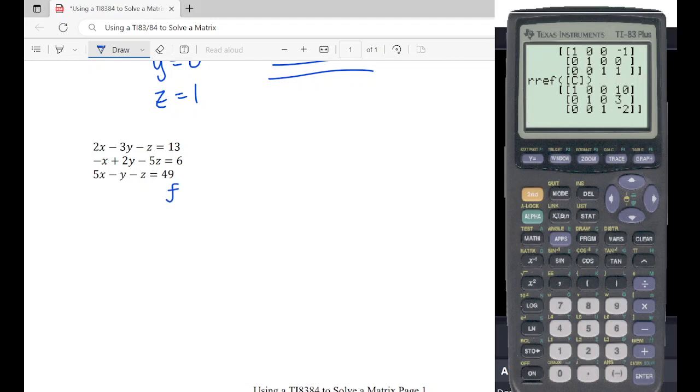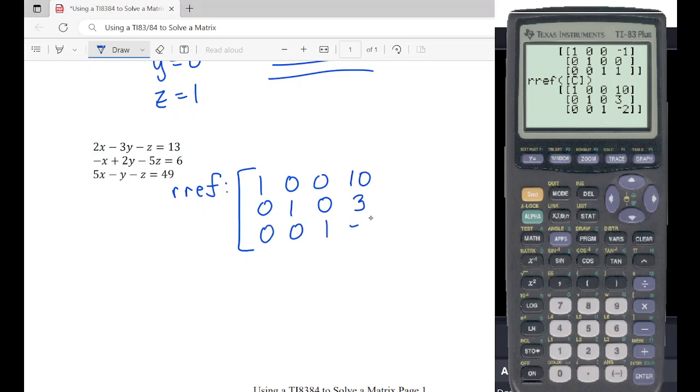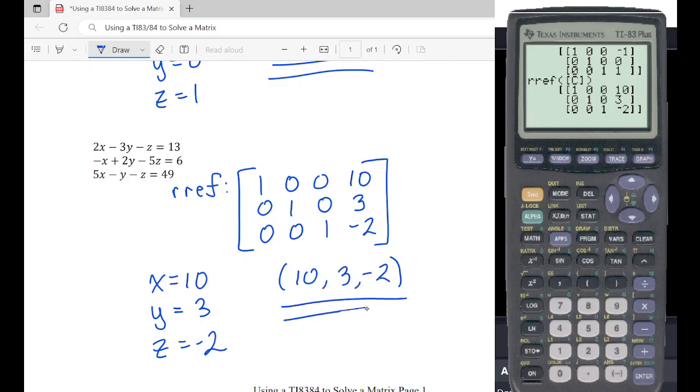So the reduced row echelon form is 1, 0, 0, 10, 0, 1, 0, 3, and 0, 0, 1, -2. So there is our matrix in reduced row echelon form. So our solution here is x equals 10, y equals 3, and z equals -2. So 10, 3, and -2 is our solution to this system of linear equations.